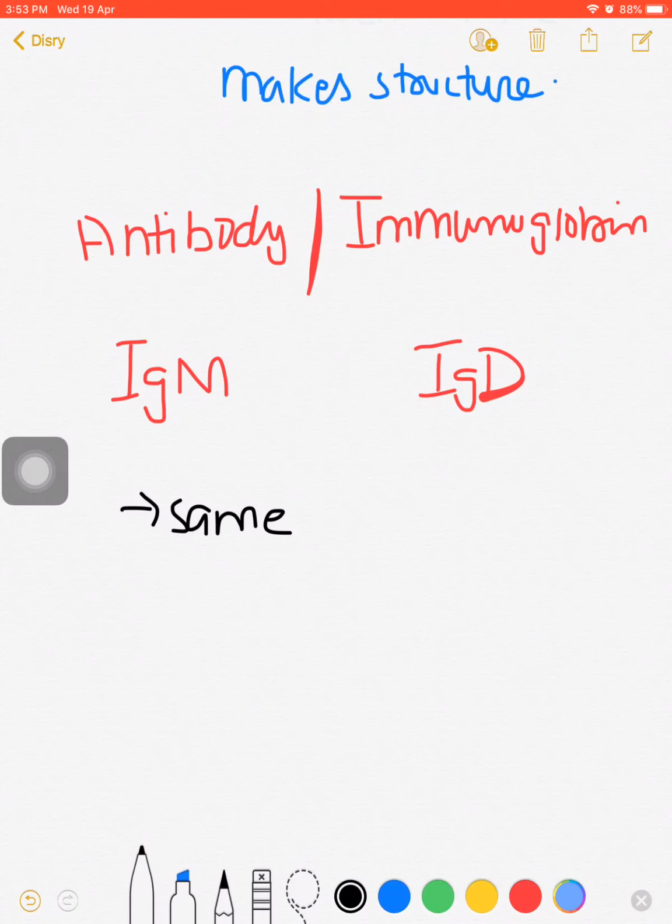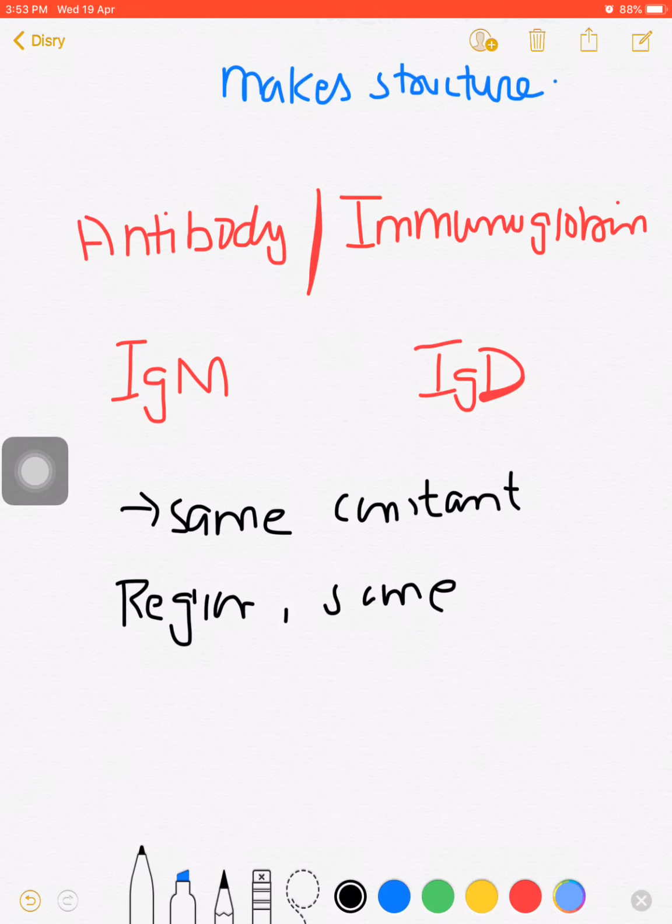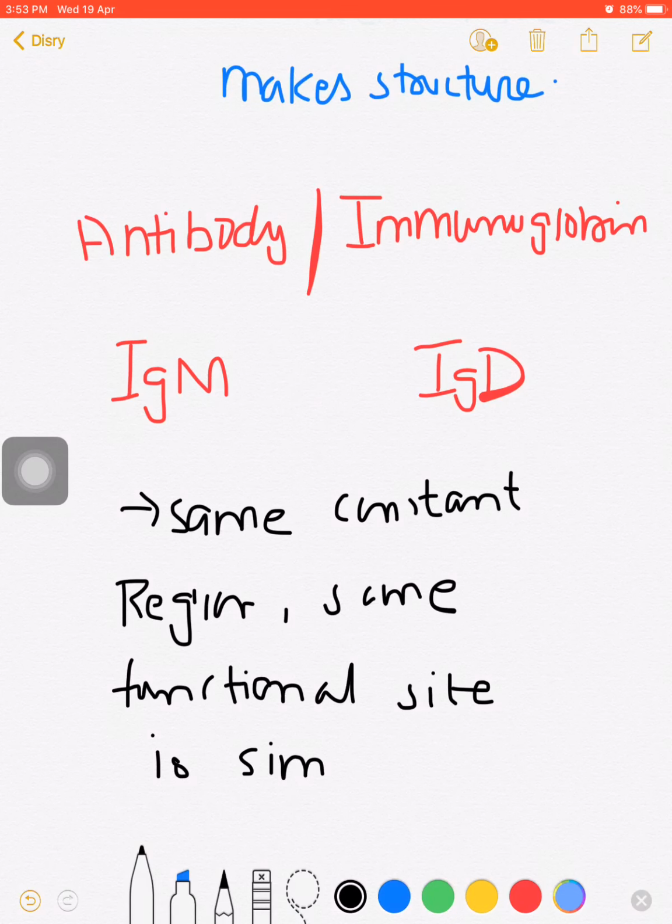They have the same constant region, or you can say the same functional site, with the same amino acid sequence on the functional site.